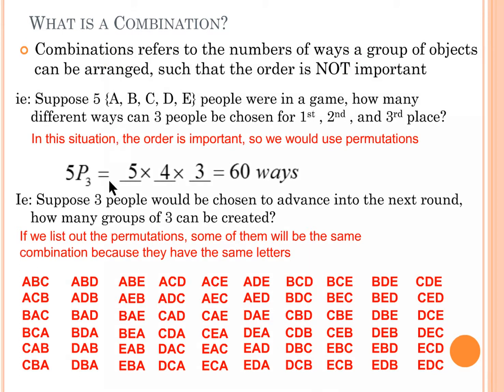So if I go back to this original question, suppose 3 people would be chosen to advance into the next round. How many groups of 3 can be created? Well, Alice, Brian, and Chris, they're going to go to the next round. So if you look at this whole column right here, this whole column has different permutations of Chris, Brian, and Alice. So this would only count as 1 total group.